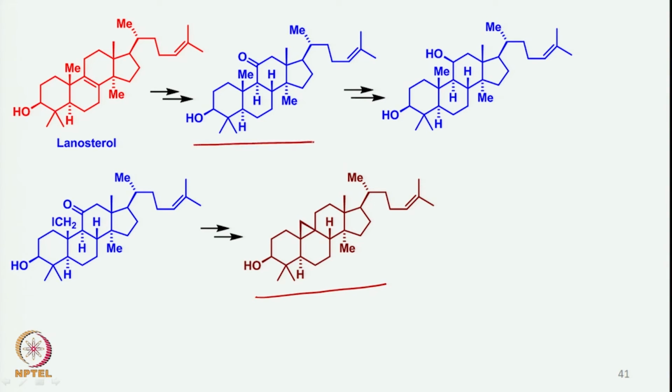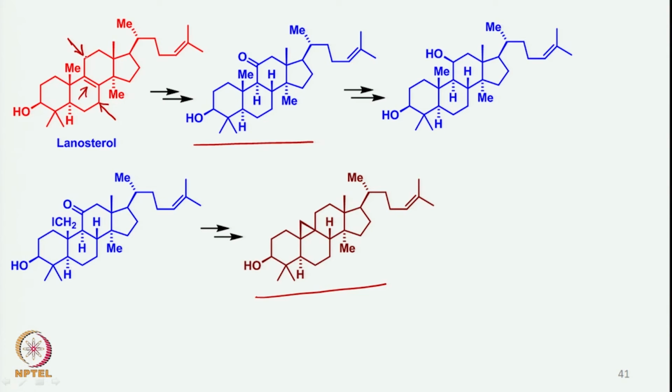How can we do it? Obviously if we take this double bond here, this is the allylic position and this is the allylic position. So if we use a strong oxidizing agent, we can introduce two carbonyl groups on both sides, one here and one here. This particular position is sterically hindered because of the methyl group, and is also known to be a sterically hindered position of a steroid molecule.